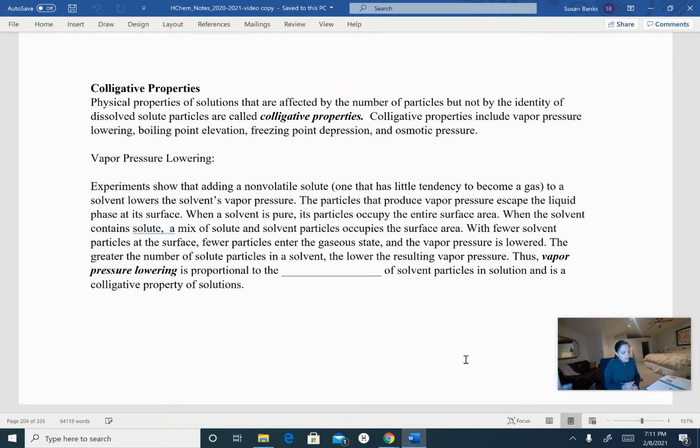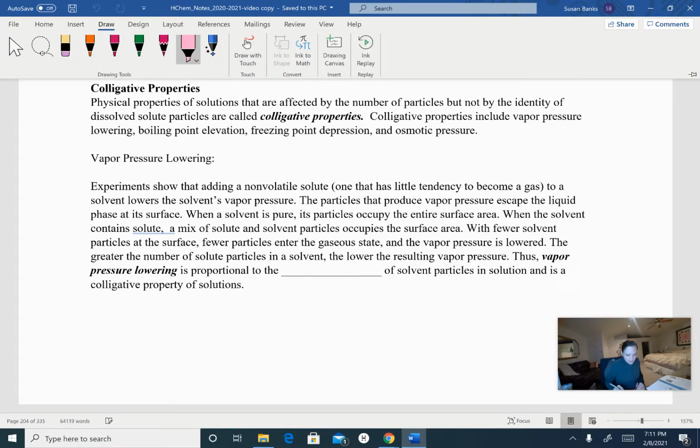Okay, so colligative properties are physical properties of solutions that are affected by the number of particles, but not by the identity or the type of particles. These are called colligative properties. So let me highlight that again.